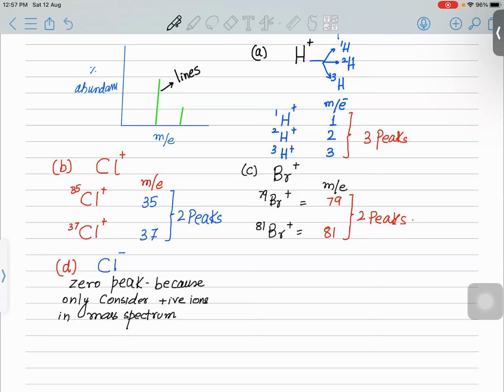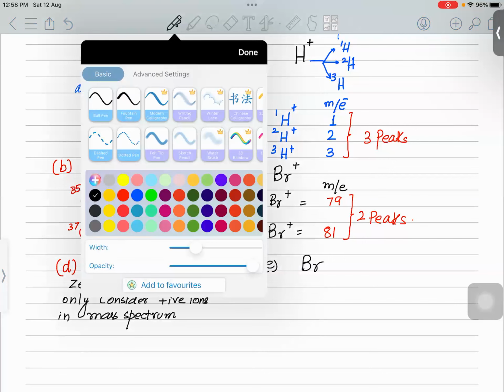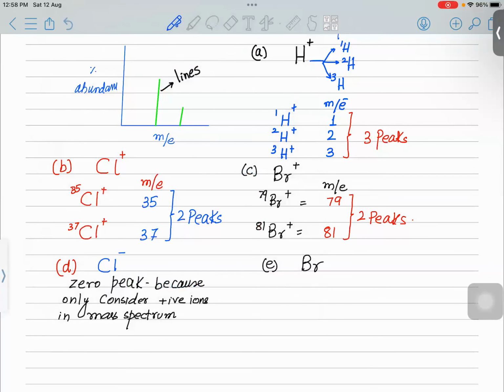Okay, next. Now, E part. Bromine. Can anyone tell me how many peaks? 0, right? Why 0? Because it's negative? No, it is not negative. Bromine has no charge, it is neutral. So 0 peaks.